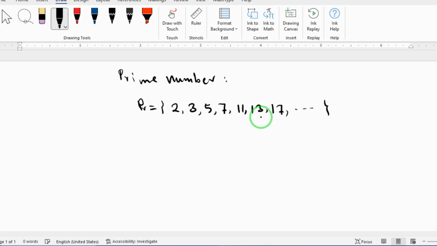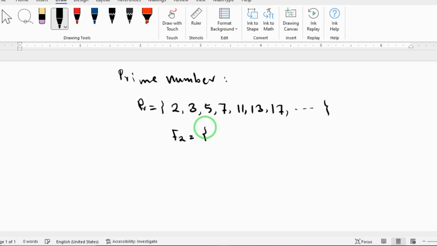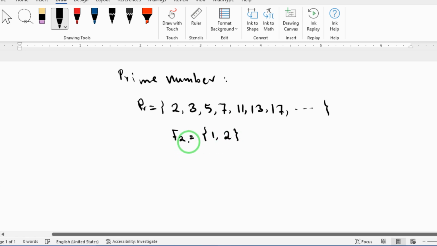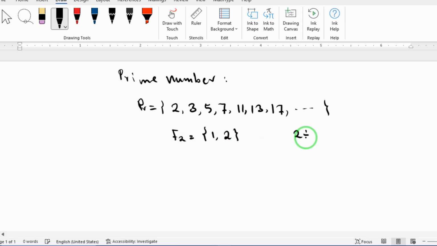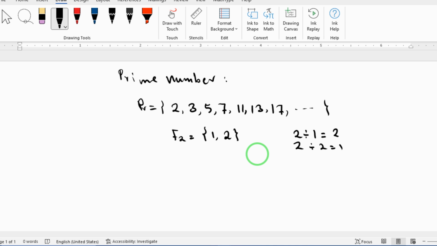These numbers are called prime numbers because if we write the factors of 2, they are only 1 and 2. It means 2 can only be divided exactly by 1 or 2. 2 divided by 2 equals 1. 2 cannot be divided by other numbers, so it is a prime number.